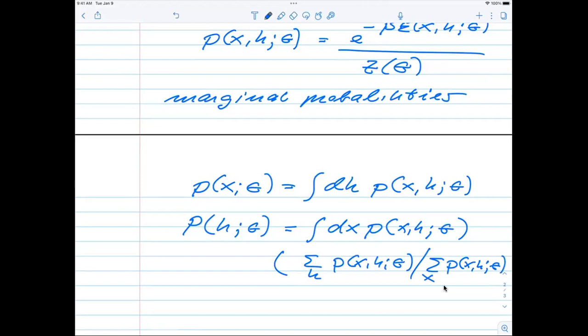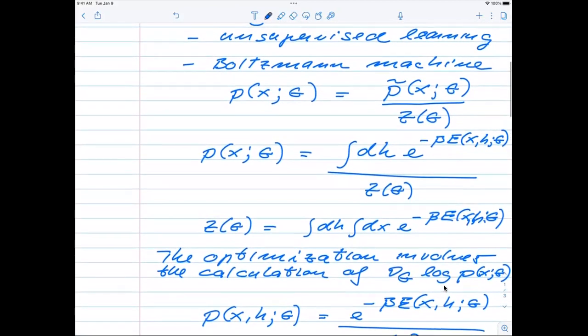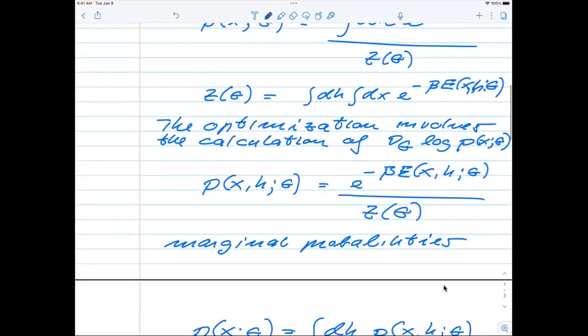If we have a continuous variable, we are going to have to integrate over all the h's. In practical implementations, we are essentially going to deal with a mix of both continuous variables and discrete variables. So a naive algorithm here is very similar to the way which we have been doing the Monte Carlo calculation in project number 1.